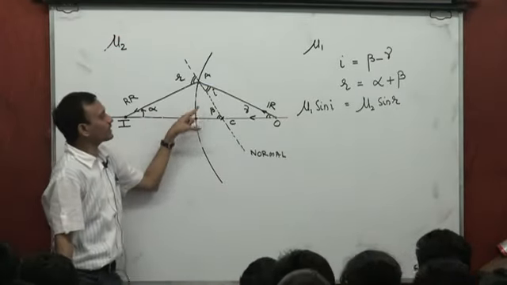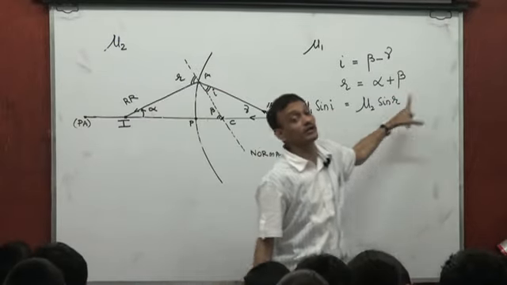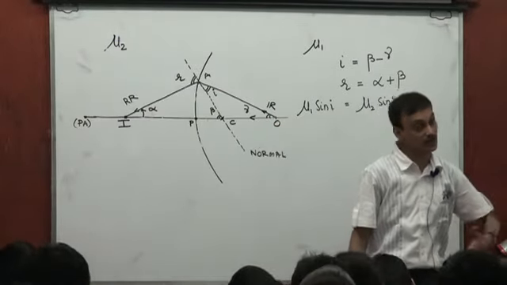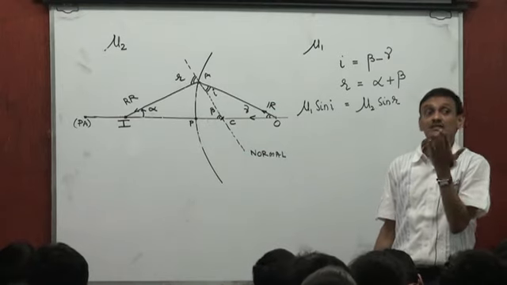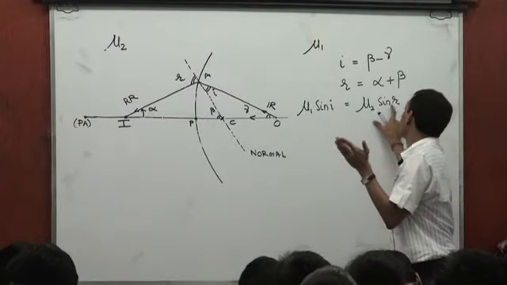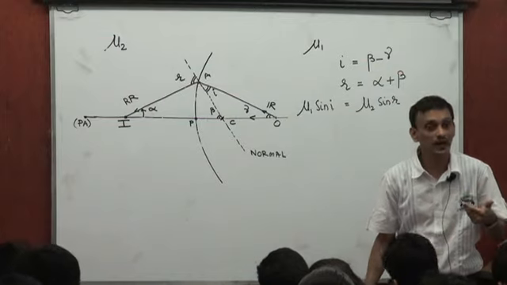Since I and R are again regarded as very small, I can replace sin I by I and sin R by R, because they would be really small angles.